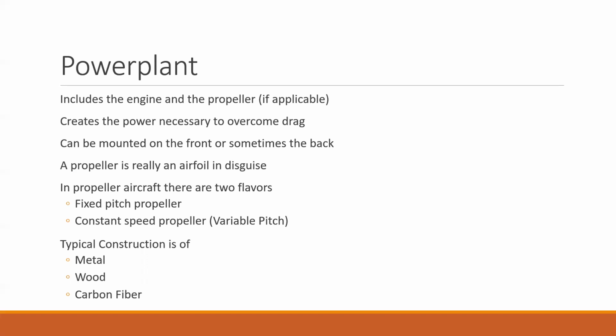And usually it's mounted either in the front or the back, or in the case of a jet engine, it could be even mounted on the empennage or underneath the wing or on top of the wing. There's a lot of options for this. And so the power plant creates that lift from wherever it's at. And there's benefits to having it in different places, obviously.